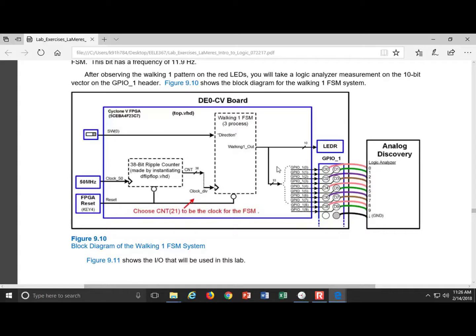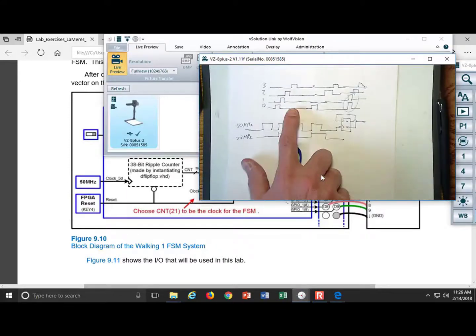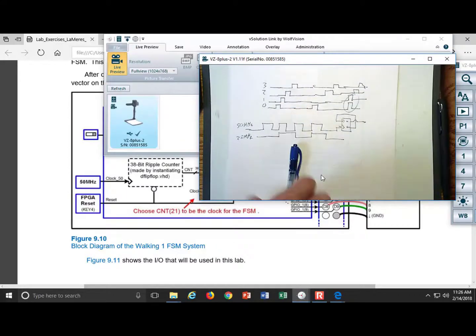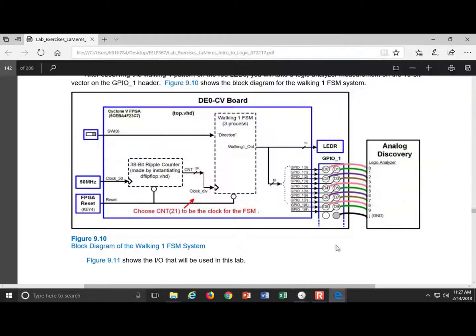And then while we're there, let's see if we can see the cool walking one pattern on the Analog Discovery logic analyzer. So what we're going to do is we'll take those same 10 bits and we'll run them over to the GPIO_1 header, and we'll hook up our Analog Discovery. And this time we're going to use 10 channels.